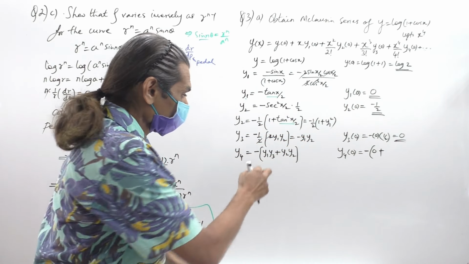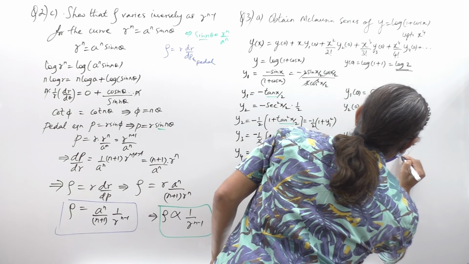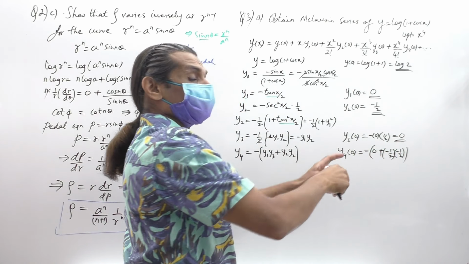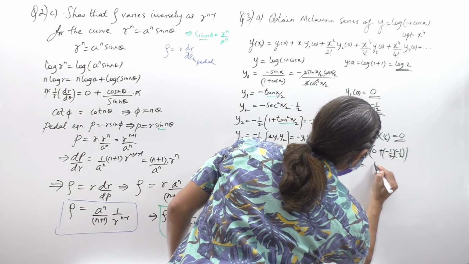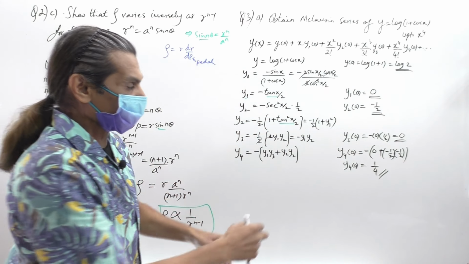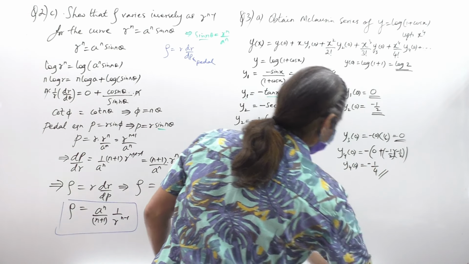Minus 1 by 2. So y2 into y2, minus 1 by 2 into minus 1 by 2, that is 1 by 4. So minus into plus 1 by 4 is minus 1 by 4. So y4 of 0 equals minus 1 by 4.